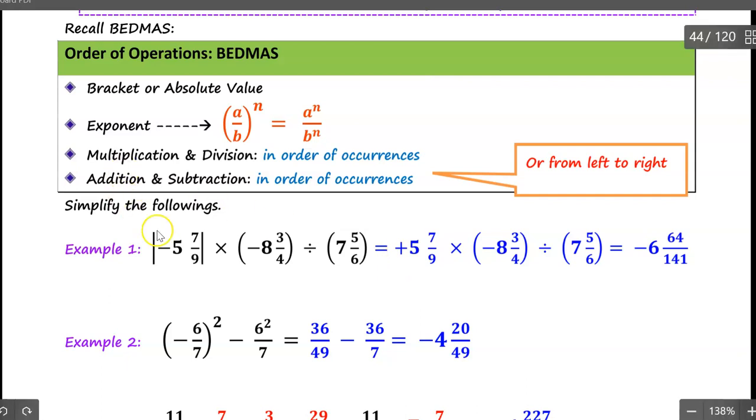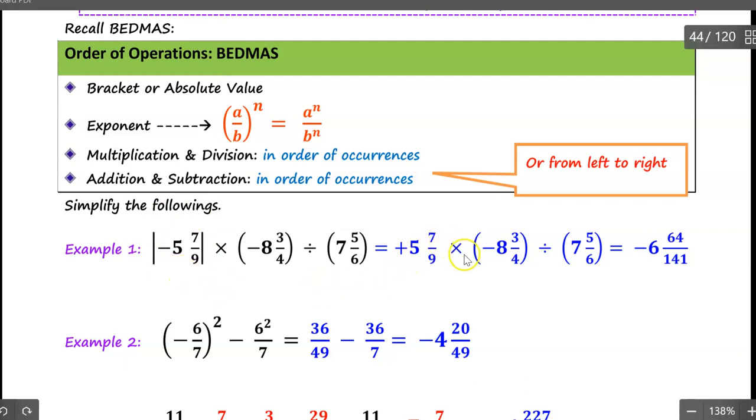In this case, if you have a negative 7/9, okay, if you want to measure certain values, then you want the true value of that, which is a positive value. Before you can get that positive value, you have to take away the absolute value. And we went over the definition of absolute value in our unit number 1. So if you want to go back and review, you can, if you have any questions about absolute values.